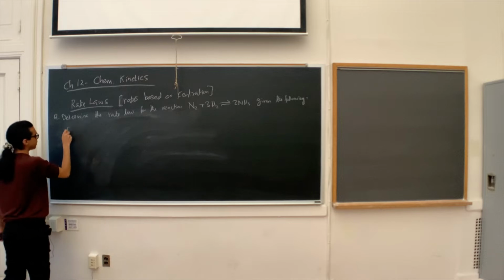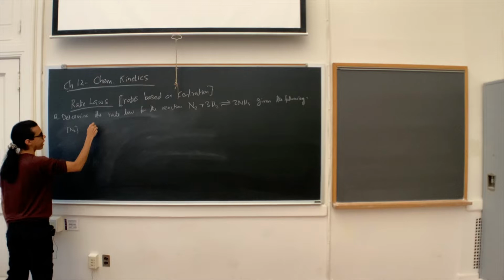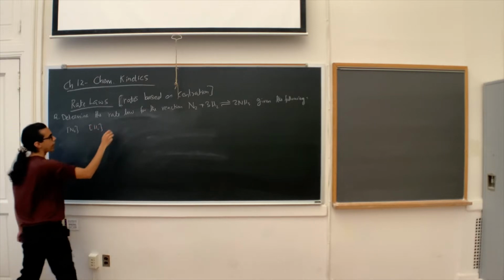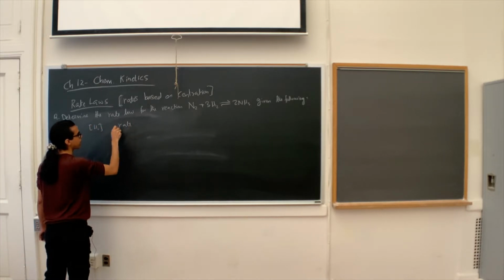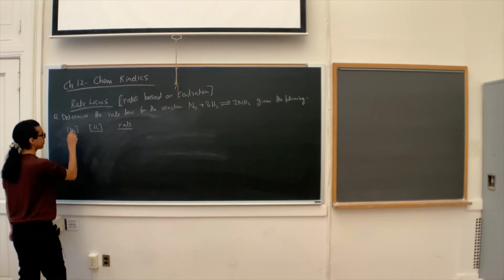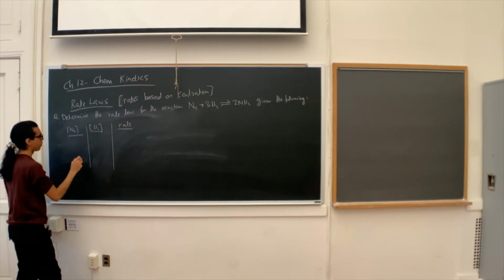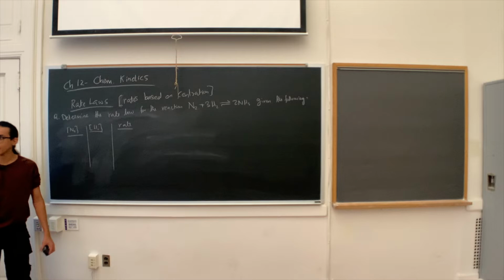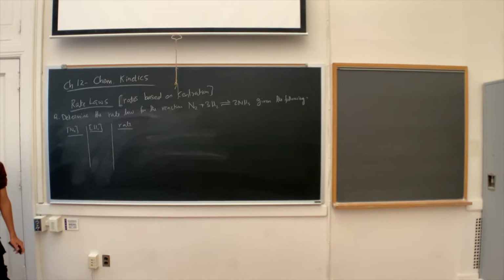So you'll be given the molarities of N2 and H2 and the corresponding rate. Usually you're given a table like this.